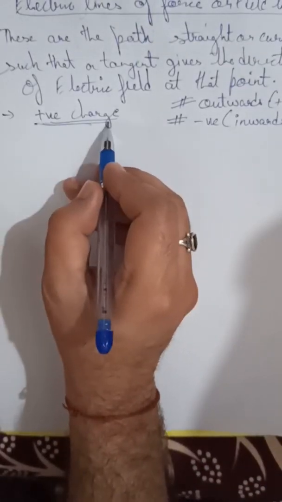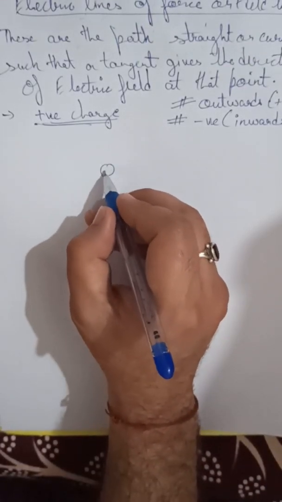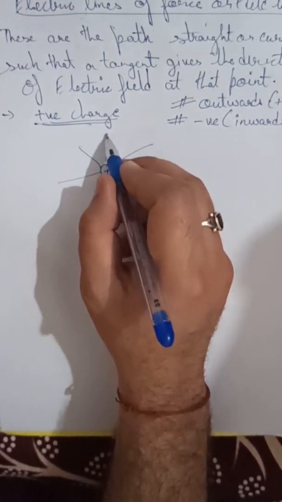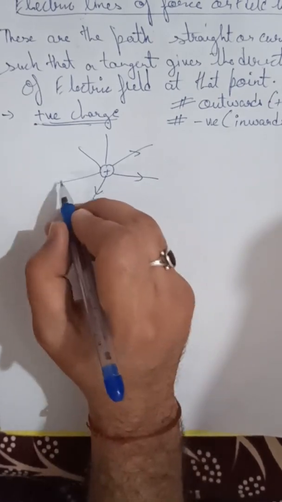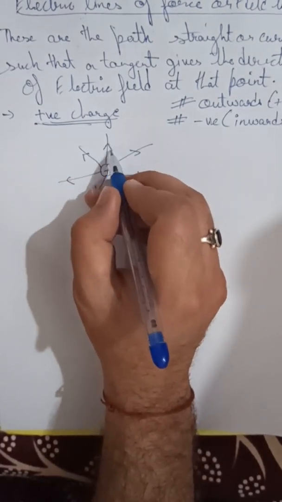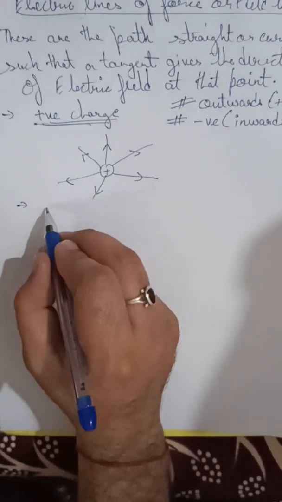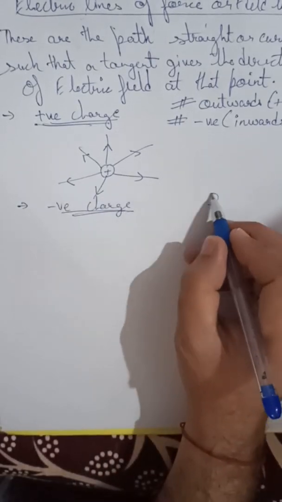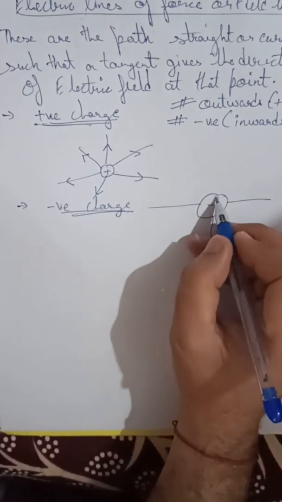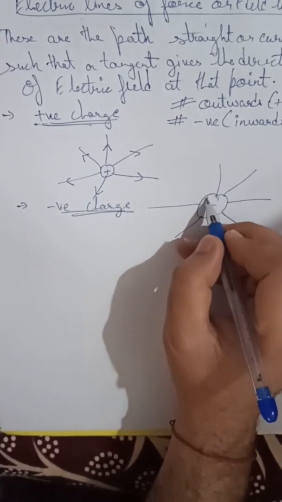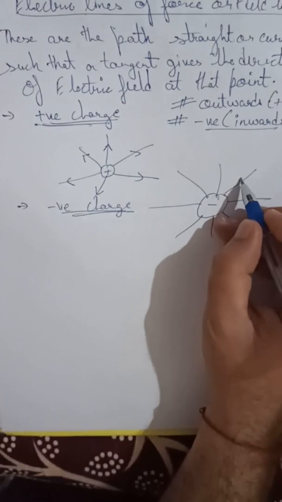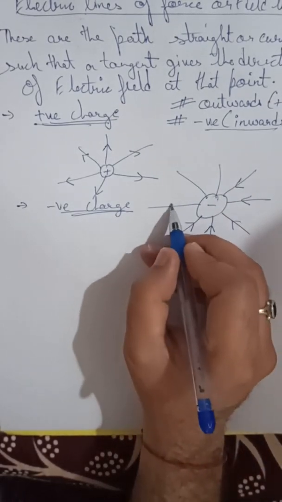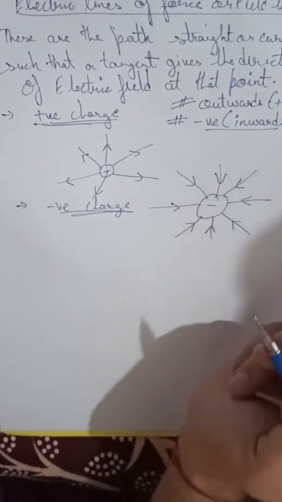So we have a positive charge, therefore we can draw the electric lines of forces always outward from the positive charge. You can draw the same for the negative charge. So these are inwards, so the arrow should always be towards inwards.